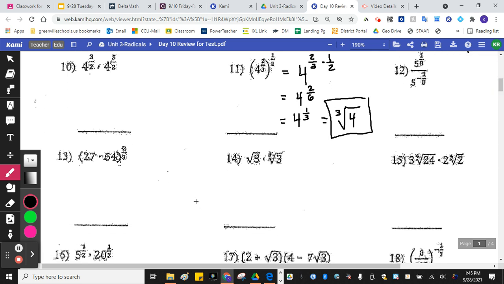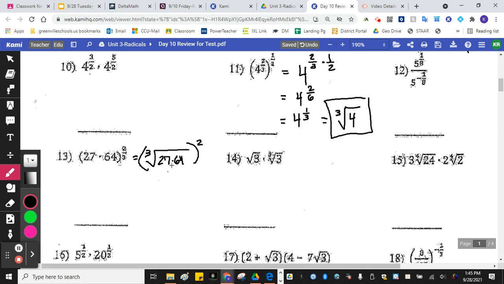All right. On 13, you're taking the cube root of both of these numbers and squaring it. So that's what this means. You're taking the cube root of 27 times 64 and then squaring it.